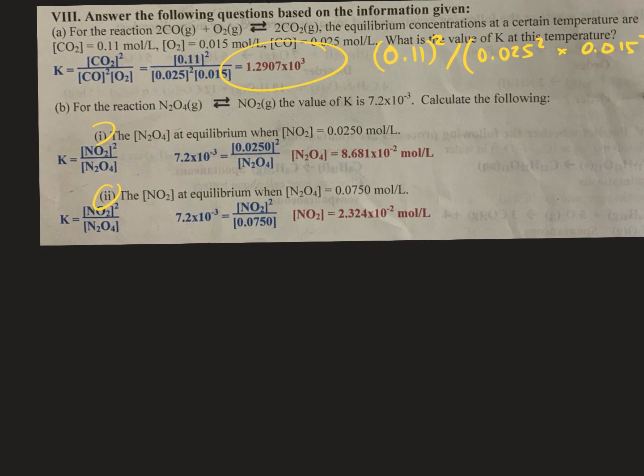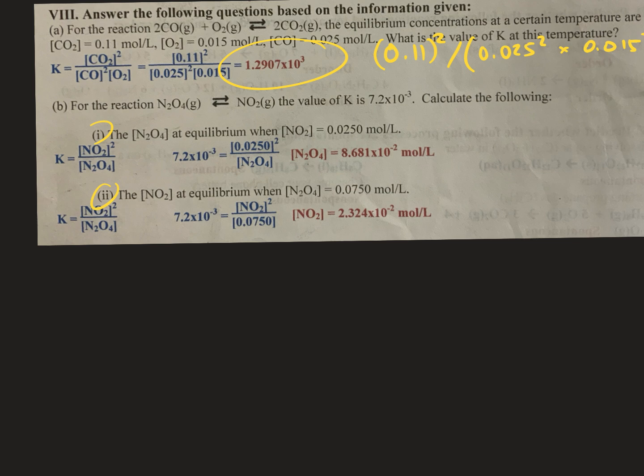Okay, so we have our equation K equals NO2 squared over N2O4. I'm just going to plug the numbers in.